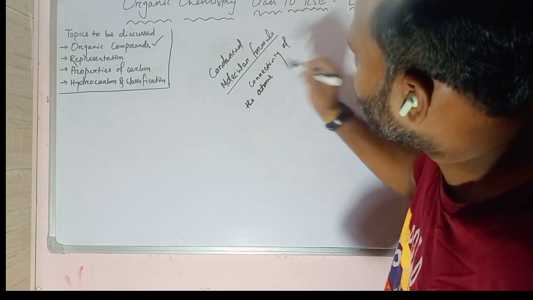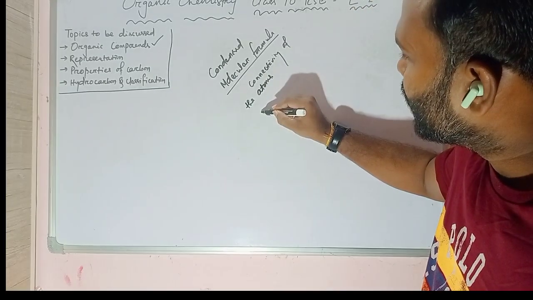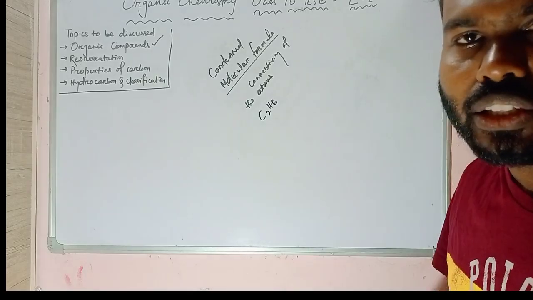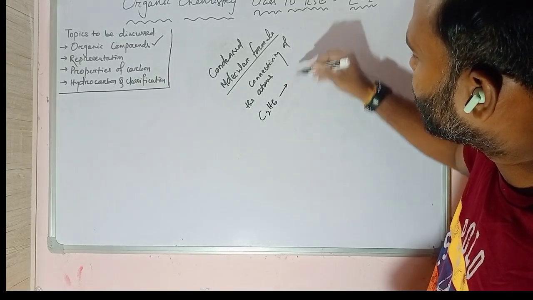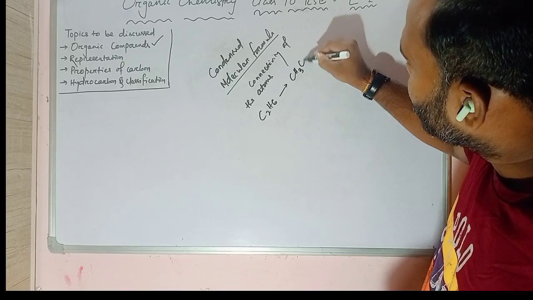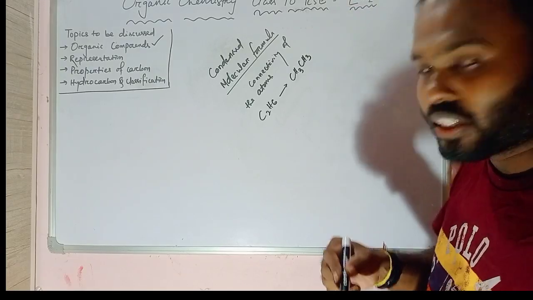Let me write C2H6. C2H6 can be written as CH3CH3. So this is C2H6.